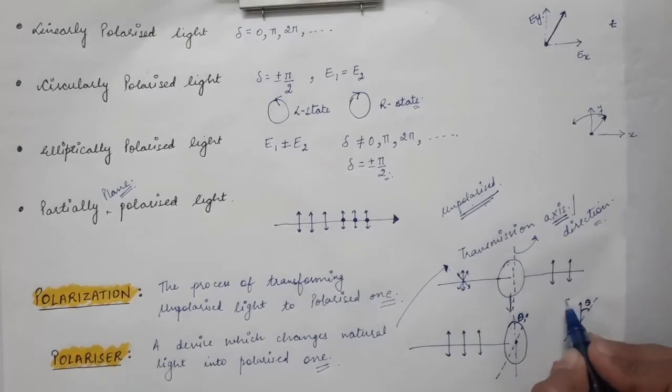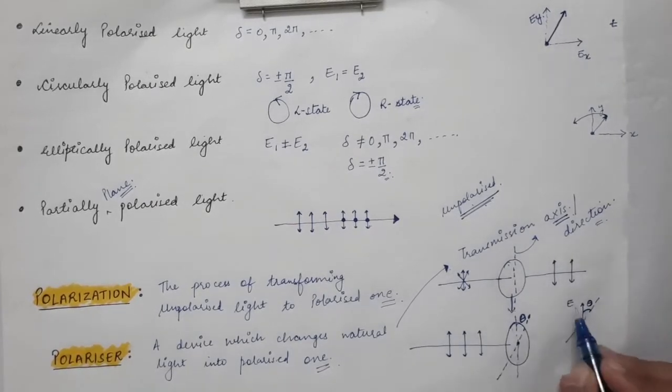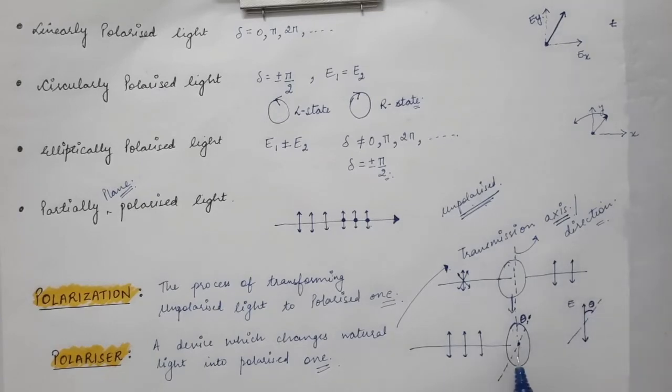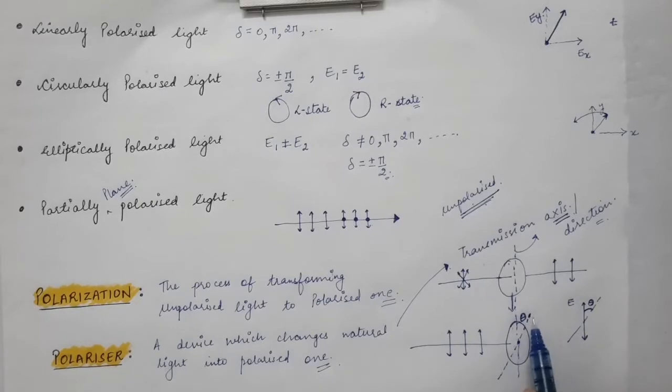So let's say the electric field is E. Now the component of the electric field along the transmission axis will be E cos theta, but the component perpendicular to the transmission axis will be E sin theta. So the E sin theta component, which is perpendicular to the transmission axis, will be completely blocked. But the E cos theta component will be allowed to pass through because it is along the transmission axis.